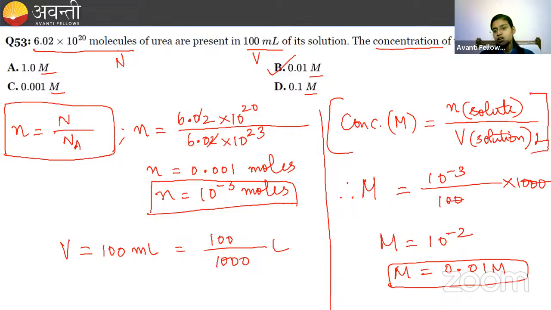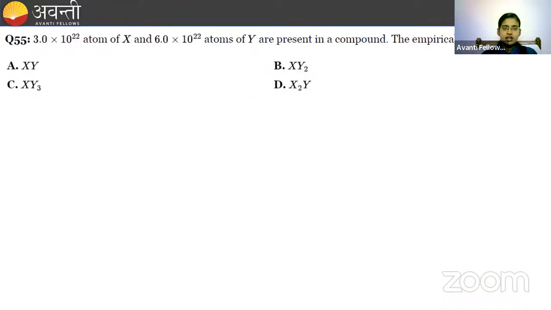If the terms are not given directly in the question, then we have to solve using the other formula and substitute in the required formula. It is very easy. Find the number of moles, convert milliliter to liter for volume, and then directly substitute the values. Okay. Now let's go for question number 55.